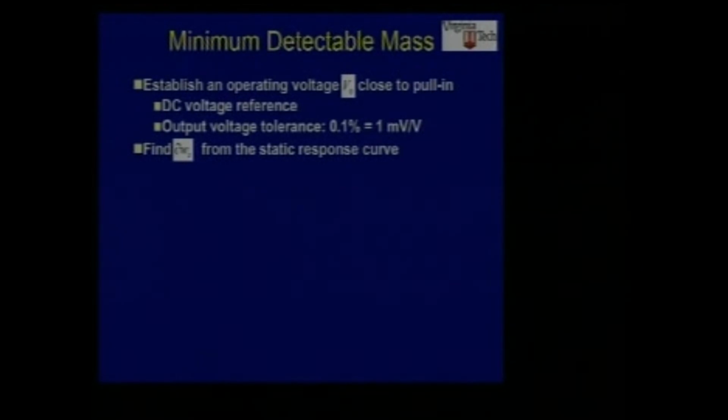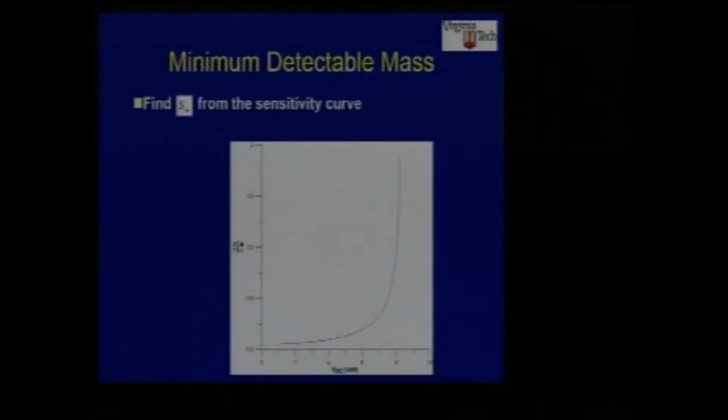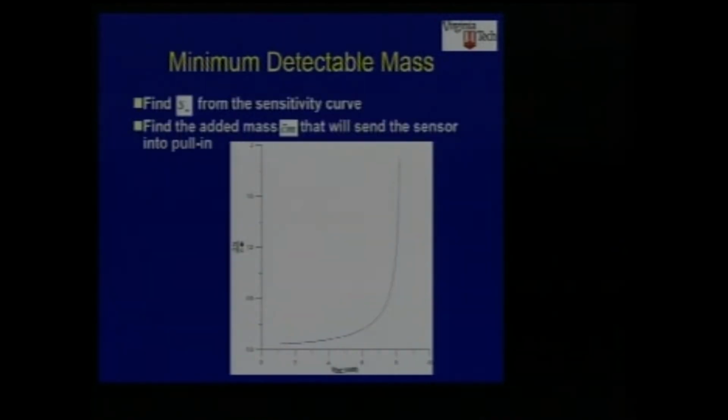Then we find what is delta W, how much W is going to make it go to pull-in, which is from here. And then once we have that, we go to the sensitivity curve, which is in here. We have delta W from the sensitivity curve, and from that we can just get delta M.